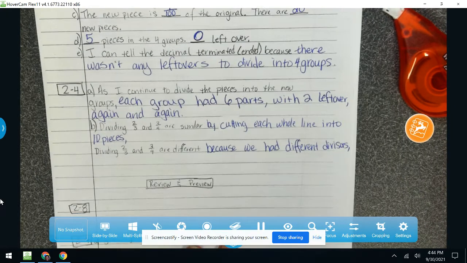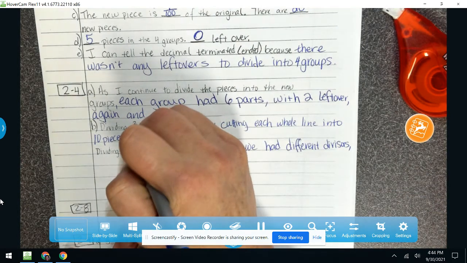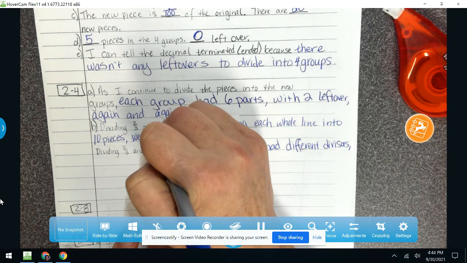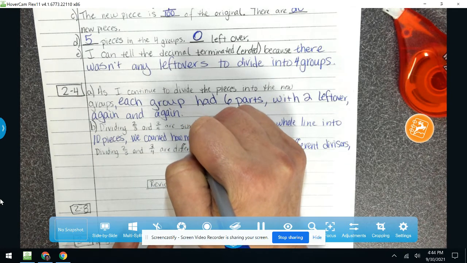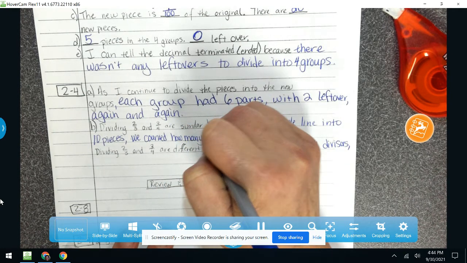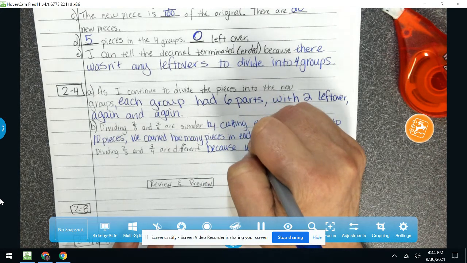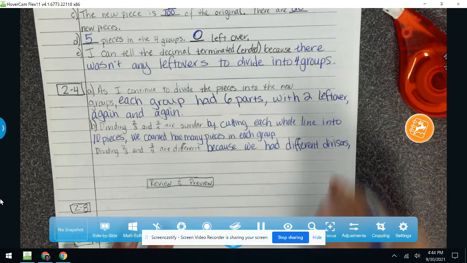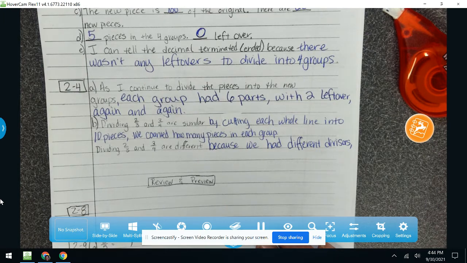Something else that was similar was that we counted how many were in each group. So we counted how many pieces were in each group.